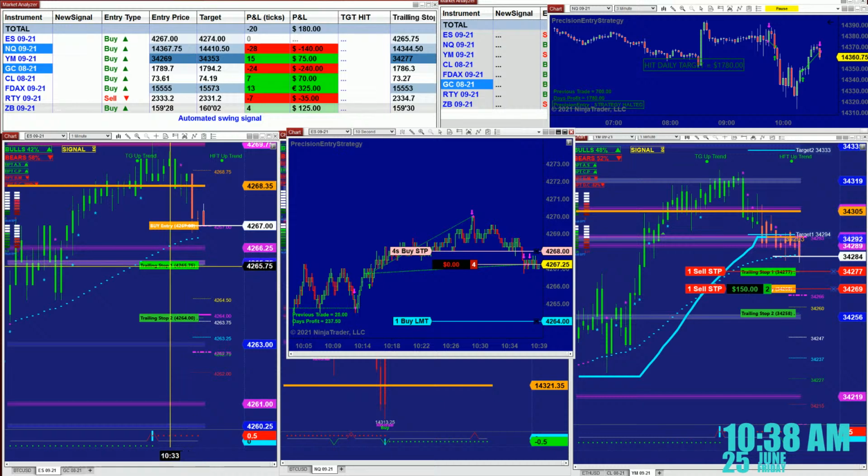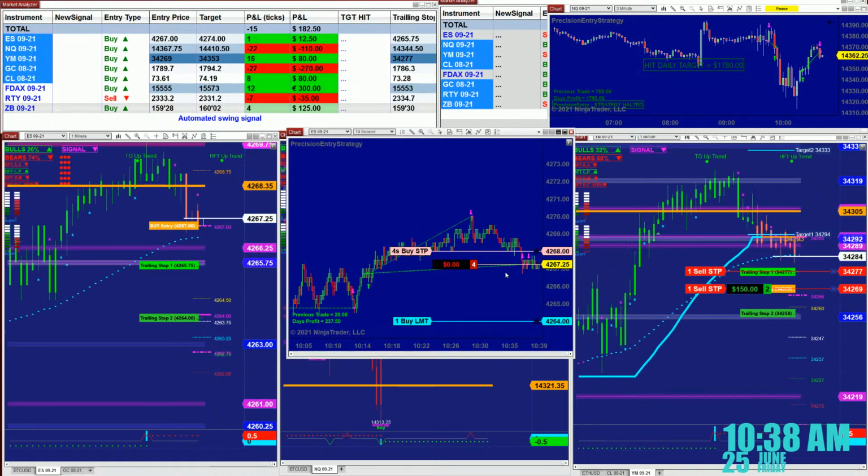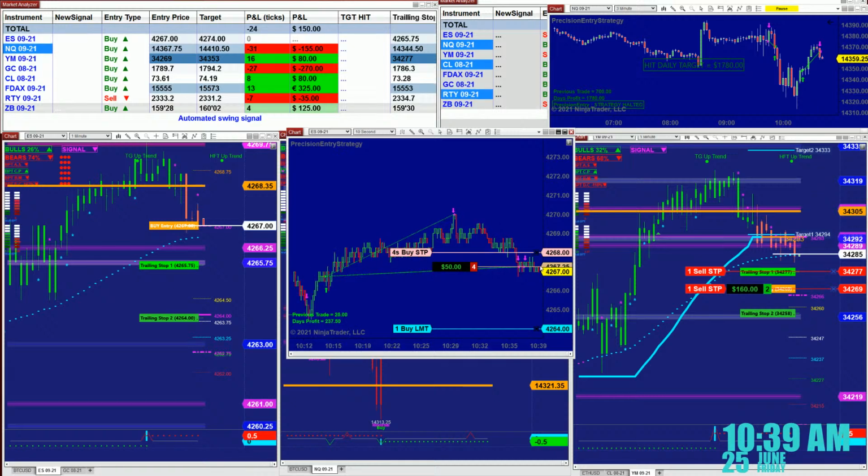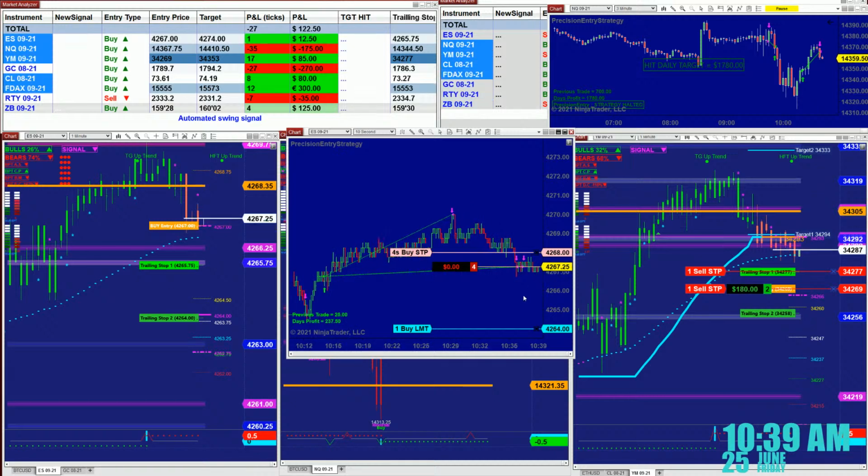There is a double support, and as you see, this trade is already in trouble. You see, it did not take off right away. And when you see a trade is not going right away in your direction, that means there is trouble.